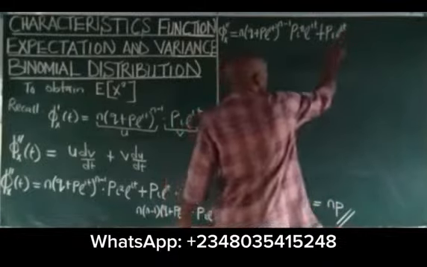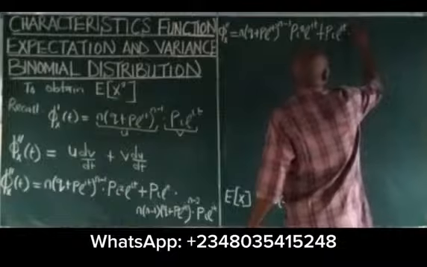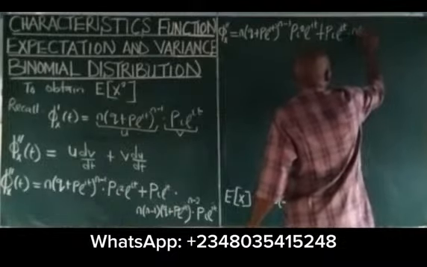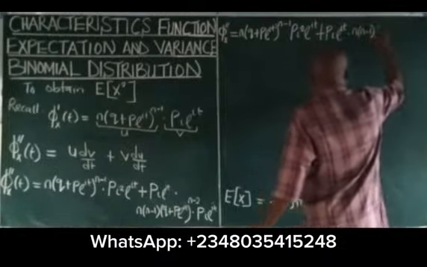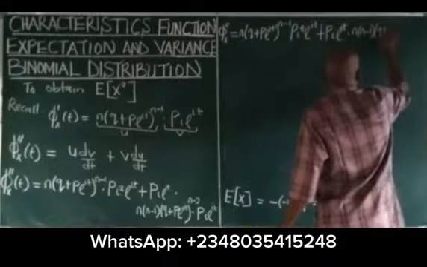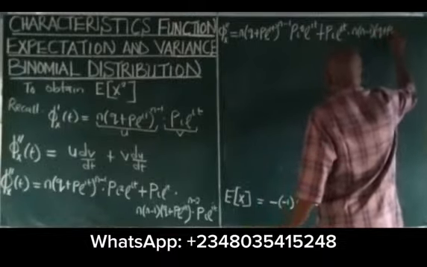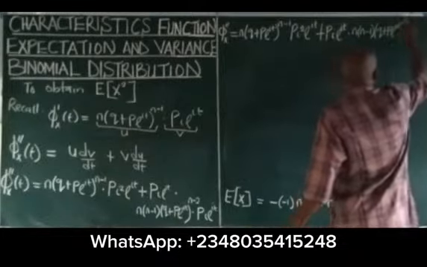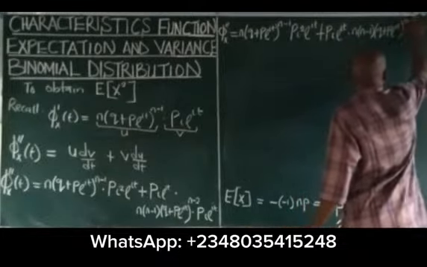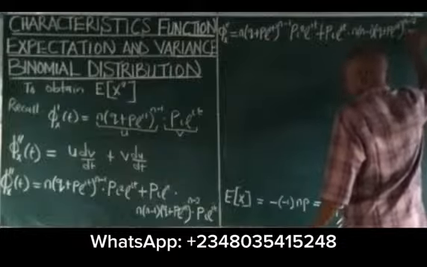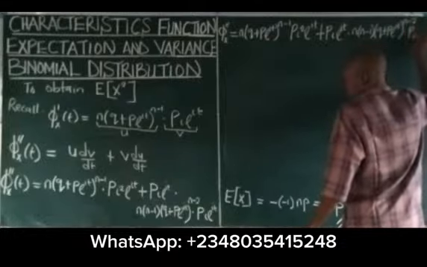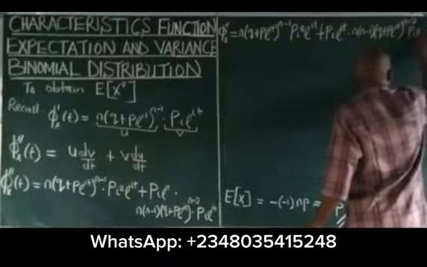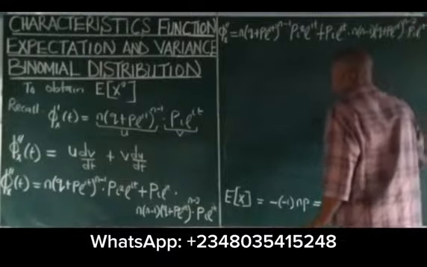Now we write this out, multiply by n into n minus 1 into (q plus p exponential it) raised to the power of n minus 2 multiplied by p i exponential it.